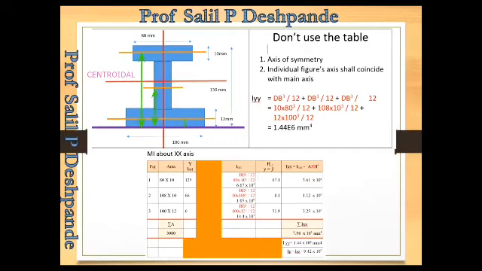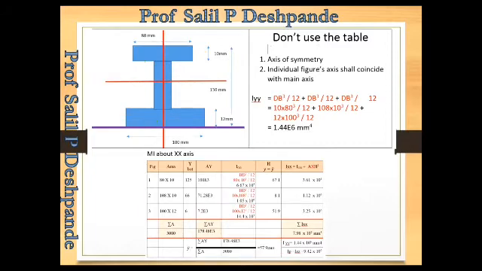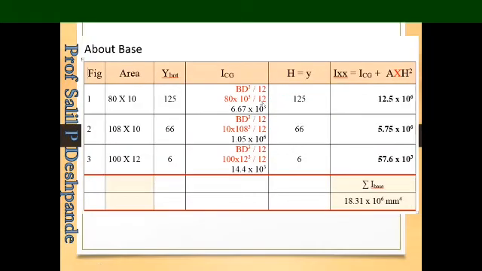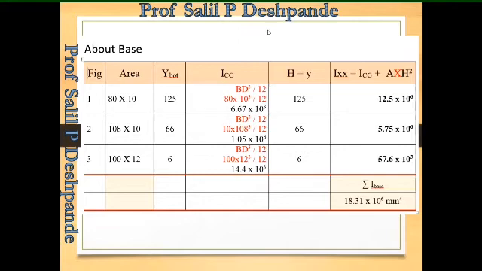So instead of saying h is equal to y minus y bar, which was for centroidal, now I will change my formula and make it h is equal to y. So whatever y you have calculated, directly this value of y you can write here.